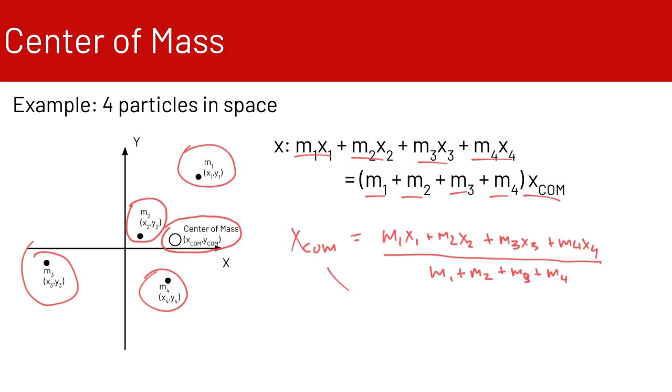And so the X center of mass is the average of the X coordinates of all of the masses.